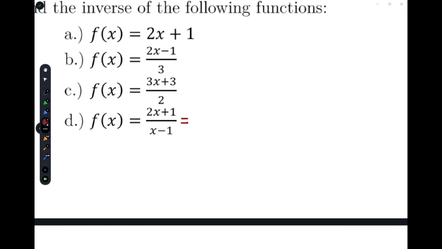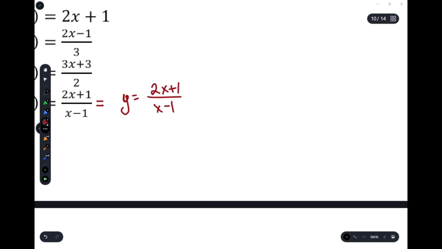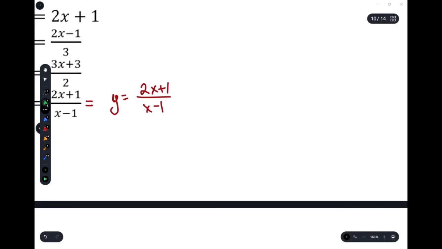So what's the first step? Y equals 2x plus 1 over x minus 1, right? Second step. I'm not going to draw an equal sign because it's really not equals, right? We're changing something. It's actually an invert.